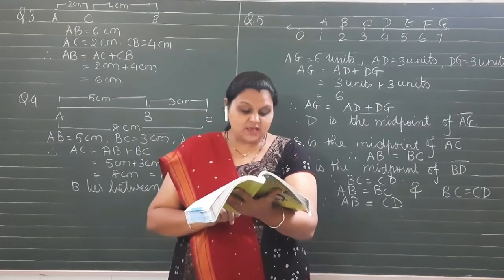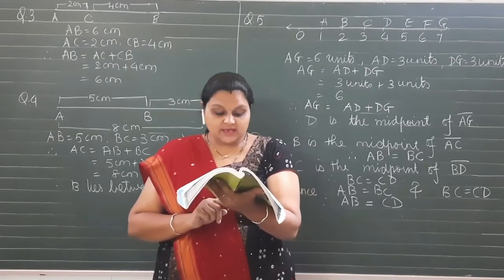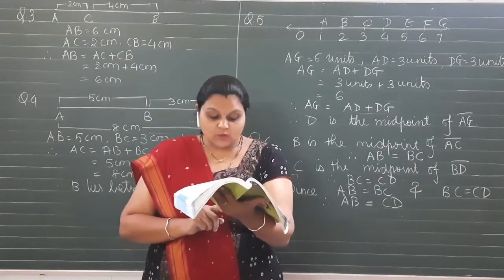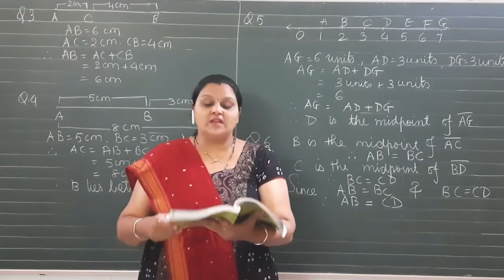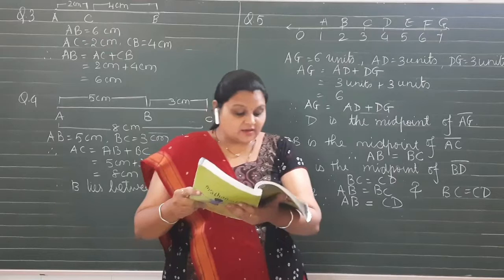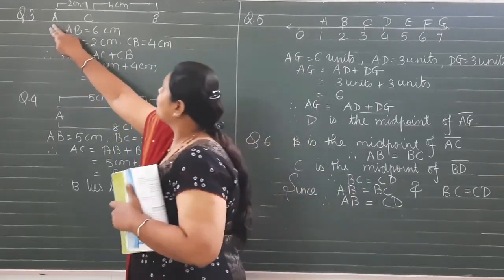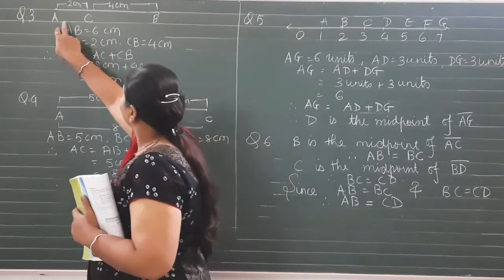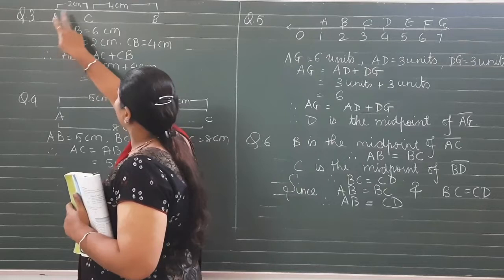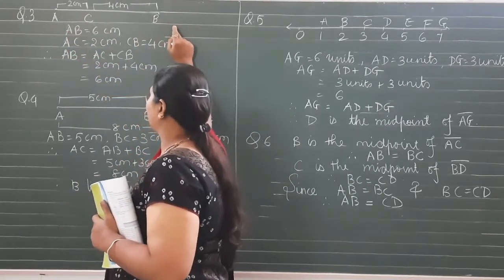Note, if ABC are any 3 points on a line such that AC plus CB equals AB, then we can be sure that C lies between A and B. By considering this note, we will have the sum. Very first we will draw one line segment A and B. If we take midpoint C, then A to C equals 2 cm and C to B equals 4 cm.